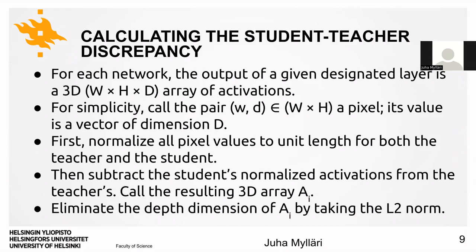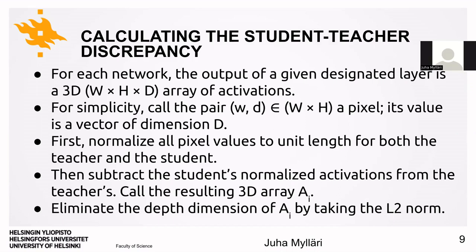Now, since we're talking about discrepancies between the teacher and the student, you might think that we're simply going to take, let's say, the activations of the teacher and subtract them from the activations of the student. And if you guessed that, you'd be pretty close. But actually, there's a slight complication, a certain normalization step, and I'm going to walk you through it.